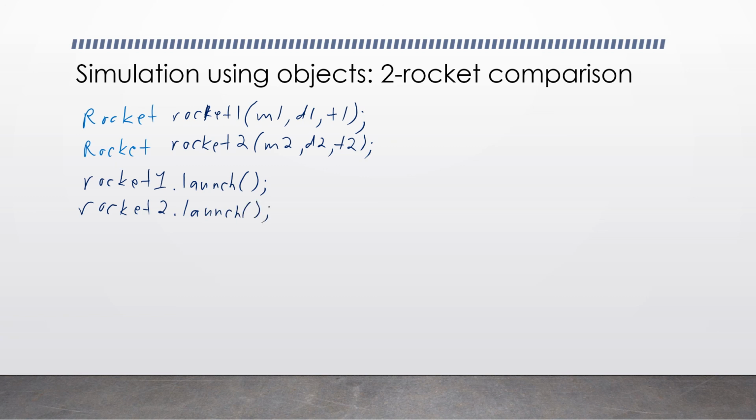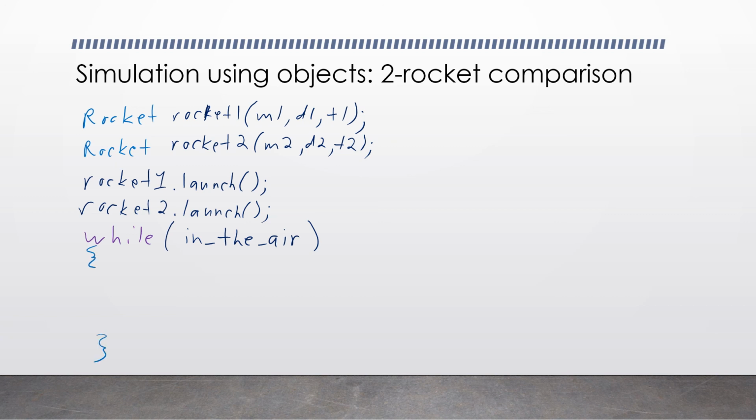and then we can create a while loop. Say we create a Boolean called in the air that keeps track of whether these two rockets are still flying.